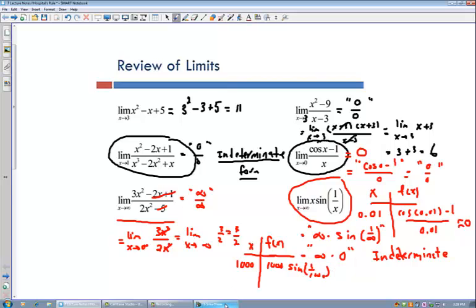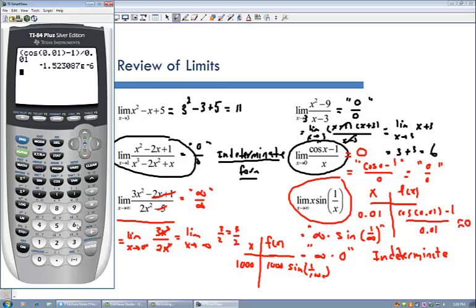We could use our calculator, 1,000 times the sine of 1 divided by 1,000, and I get 0.17.